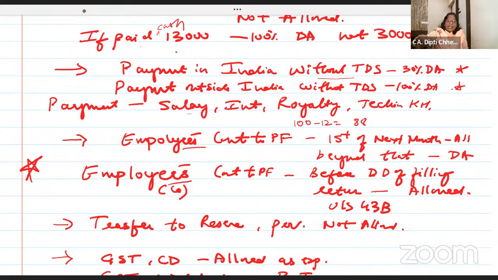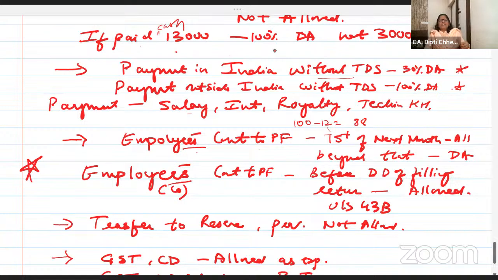Now this money, can you keep it in your pocket? It's government's money. It's employees' money. So if employees' contribution to PF, if you deduct 12 rupees and pay him 88, this 12 rupees you have to deposit in his PF account by 15th of next month. Okay? 15th of the next month.